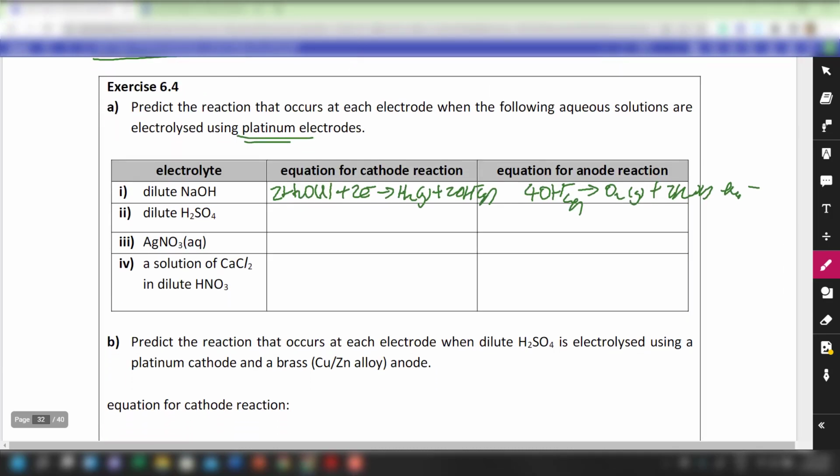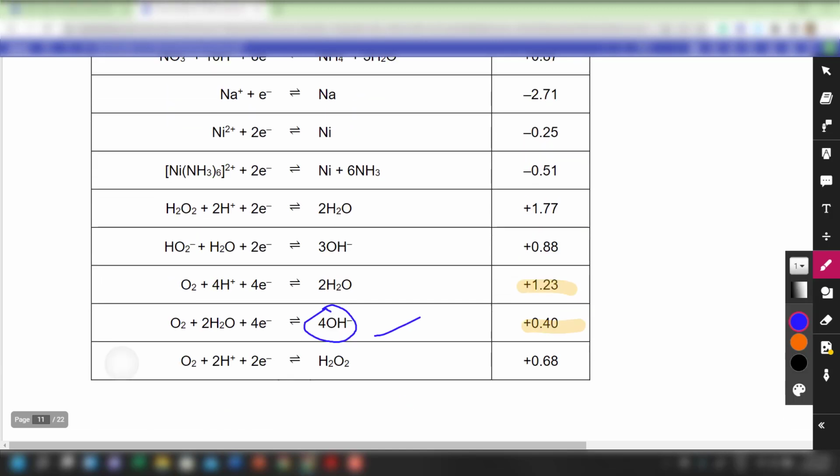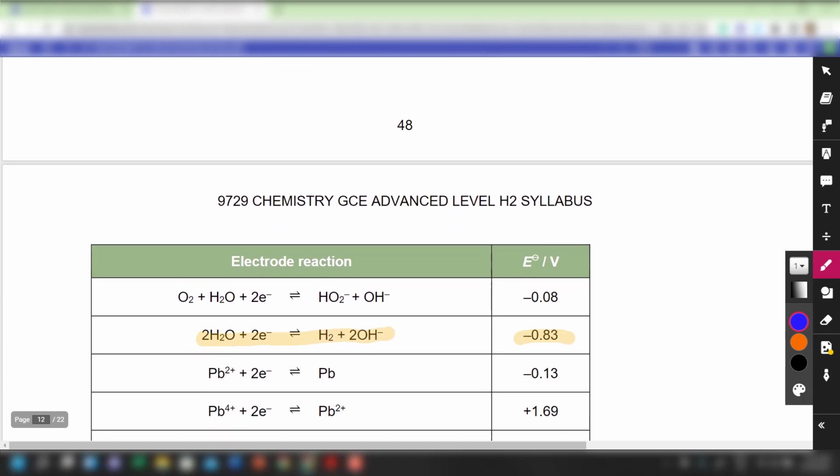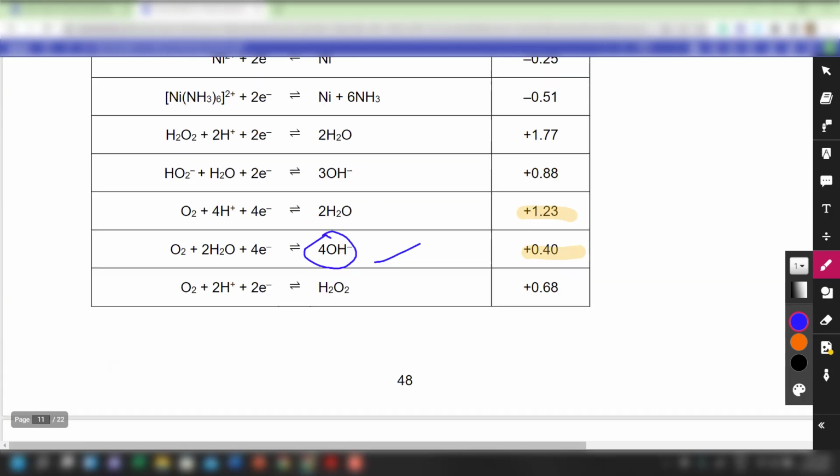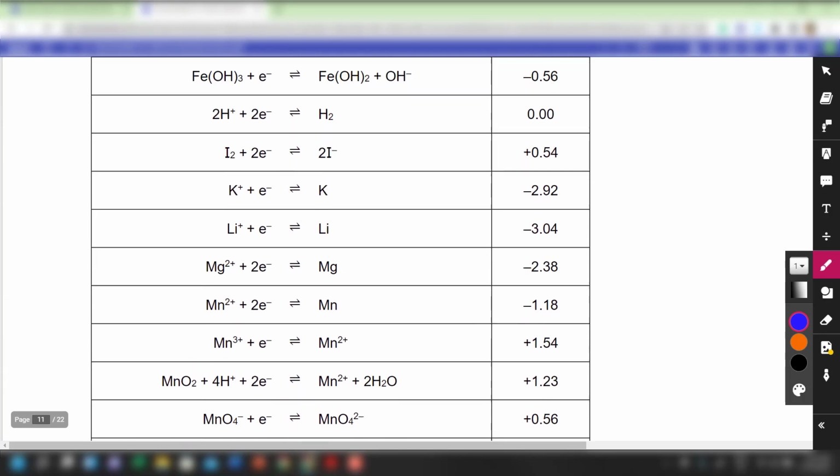Next, we are using dilute sulfuric acid. At the cathode, again, it is water versus H+. If you look at the data booklet, the reduction of water is more negative than that of the reduction of H+.